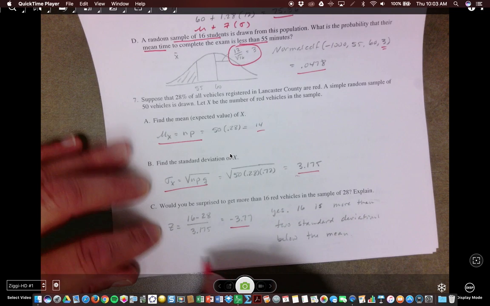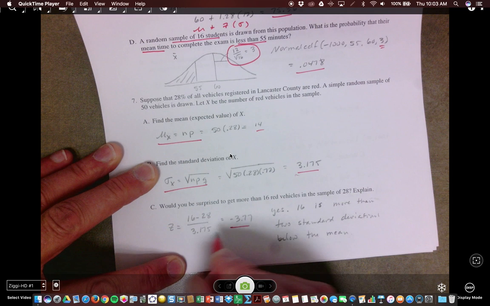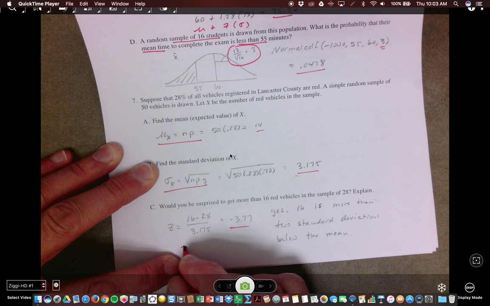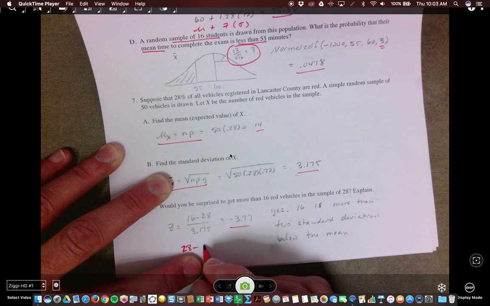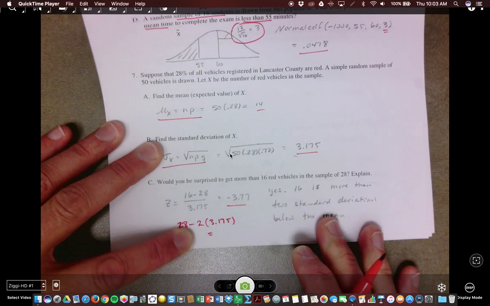Now you could also find the fence and say, how far is 16 below 28? So you could take 28 and subtract 2 standard deviations and find out where the lower fence is.